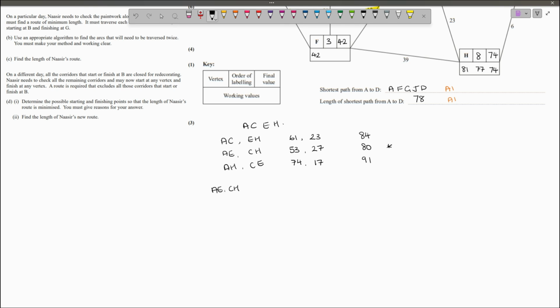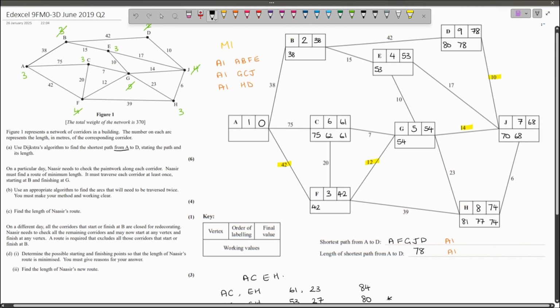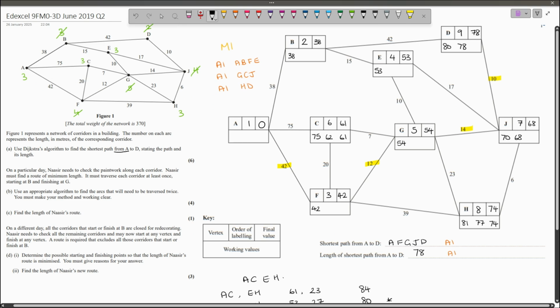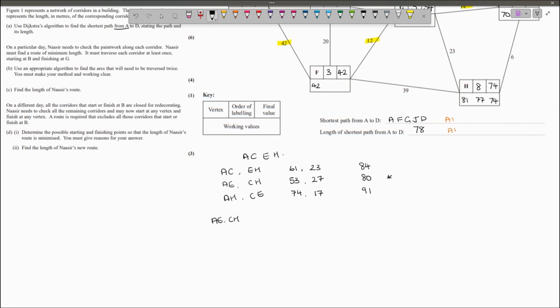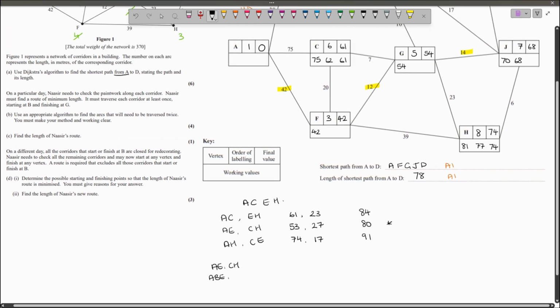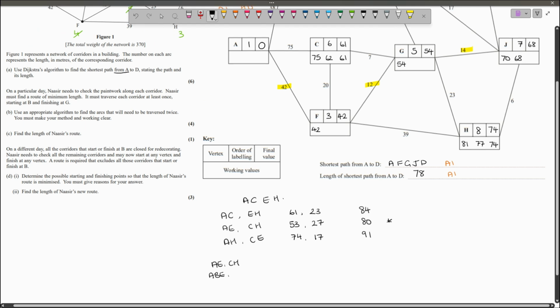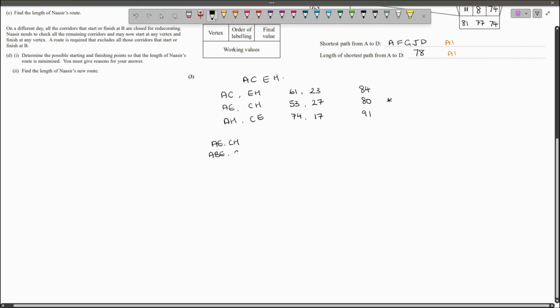So a path starting at A and ending at E, and a path starting at C and ending at H. And to get from A to E in the minimum distance possible, we need to go from A to B to E. So actually this path is A to B to E, and the path from C to H actually goes from C to G to J to H. I'm going to write that down. C to G to J to H.